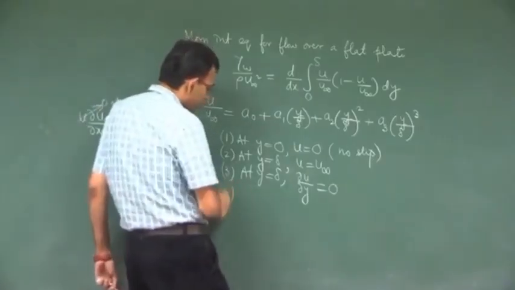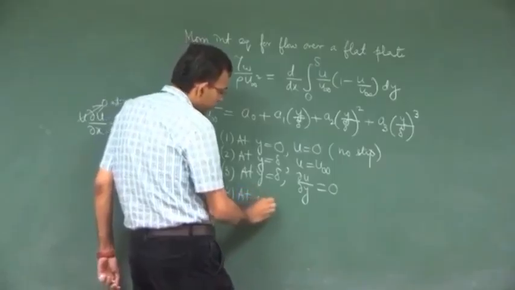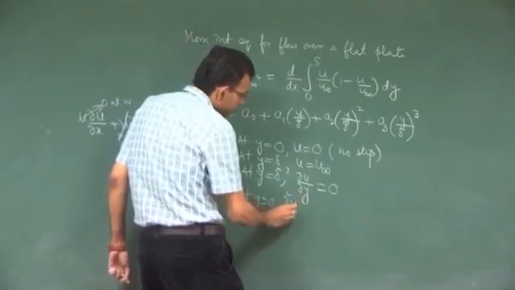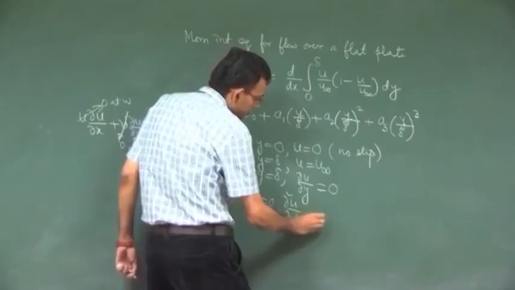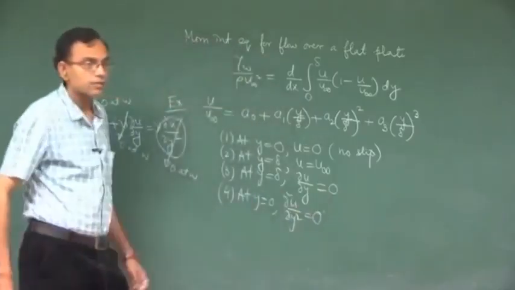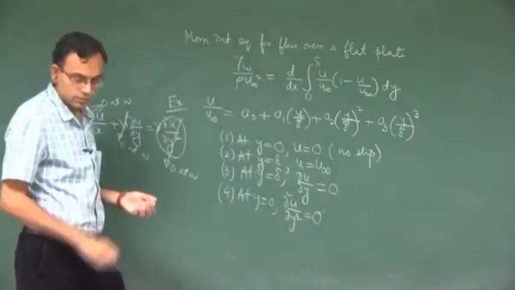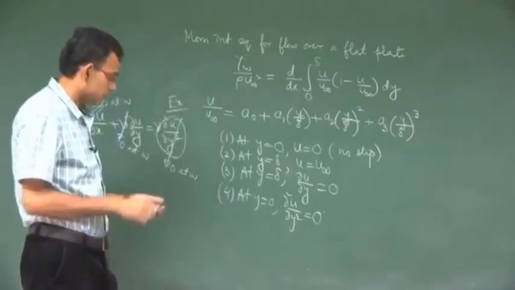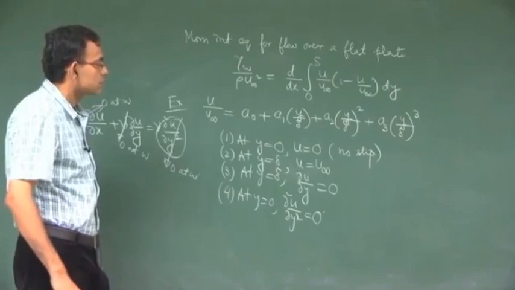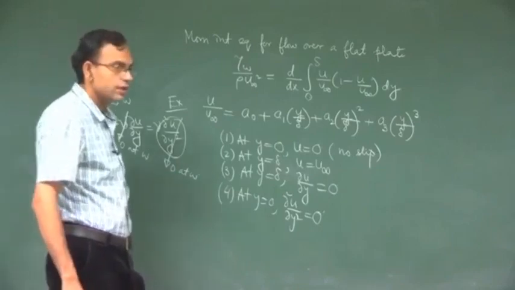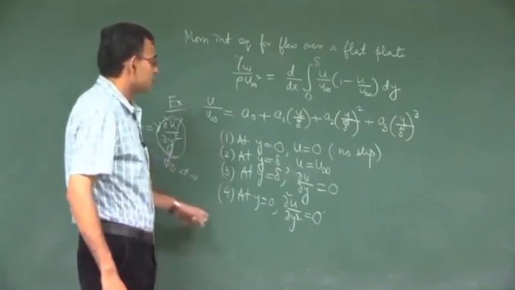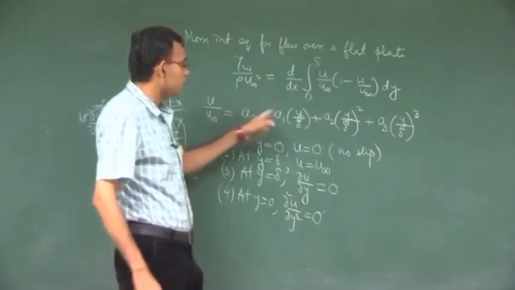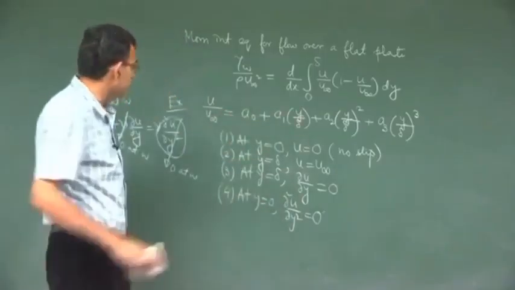So at y is equal to 0, okay. So with these conditions you can calculate a0, a1, a2 and a3.